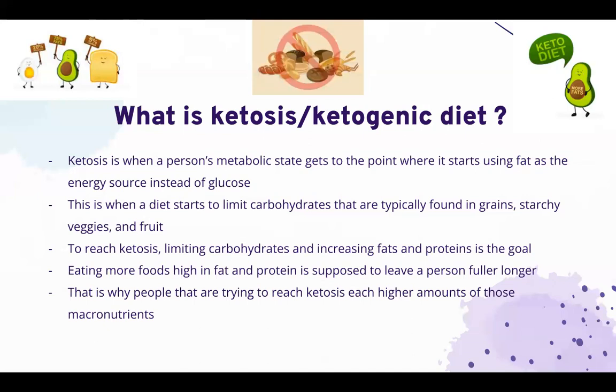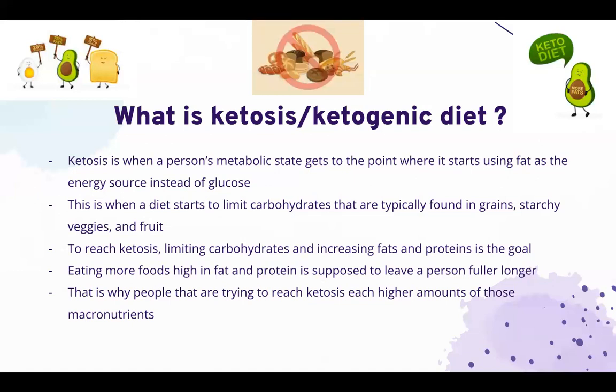To reach ketosis, limiting carbs and increasing fat and protein is the ultimate goal. You want to limit the carbohydrates super low, and you really are increasing fats and protein. As I have in the photo in the corner, it's 20% protein, 75% fat, and 5% carbs. So very, very small amounts of carbs.